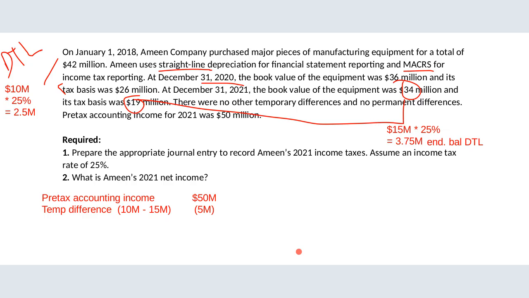Okay. And then taxable income multiplied by 25%. So 45 times 25% is 11.25 million. That's our income tax payable. Okay.